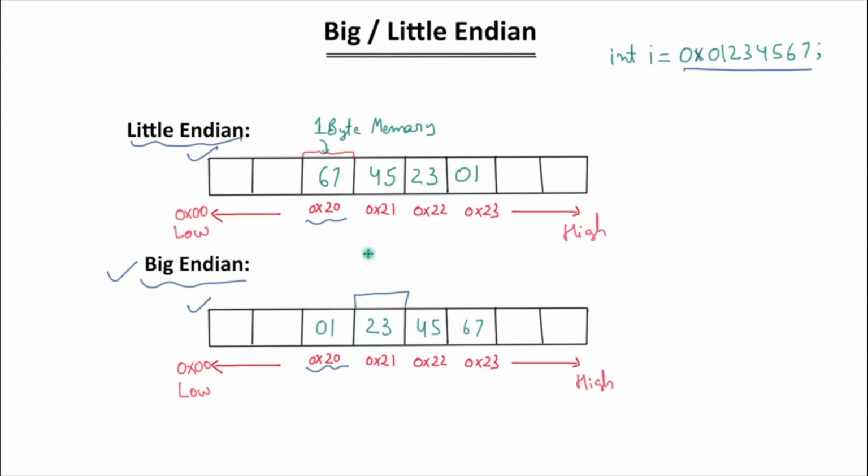So your memory is 1 byte addressable memory, your RAM. Whenever you get some address, that address is pointing to 1 byte. If you have 4-byte data, like an integer pointer, and let's suppose this is 21, then this 21 means the first byte of the 4 bytes. So your address is always pointing to 1 byte only.